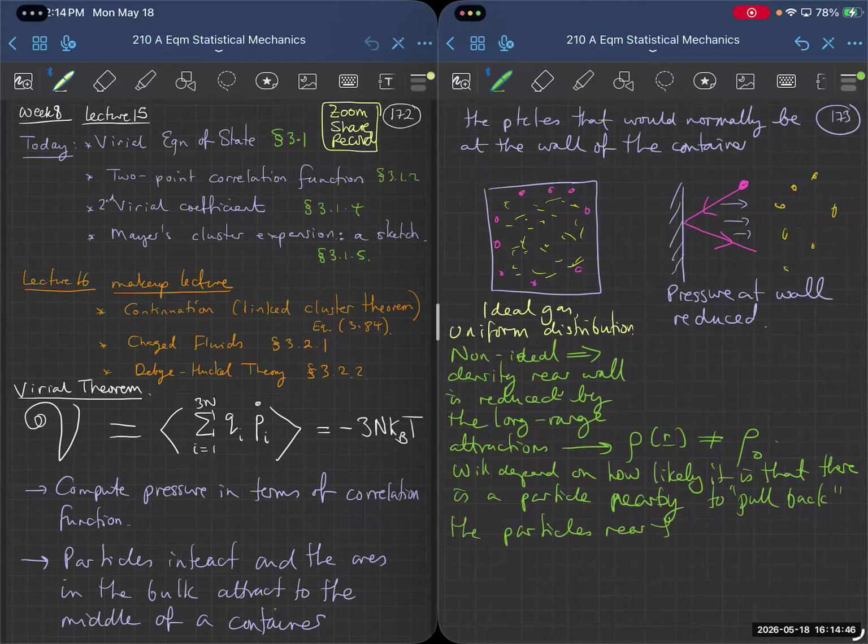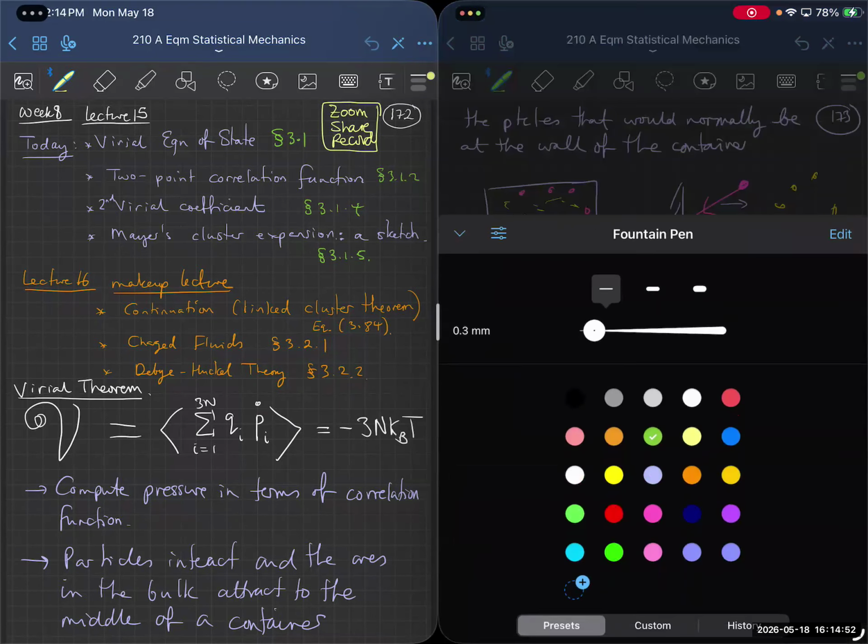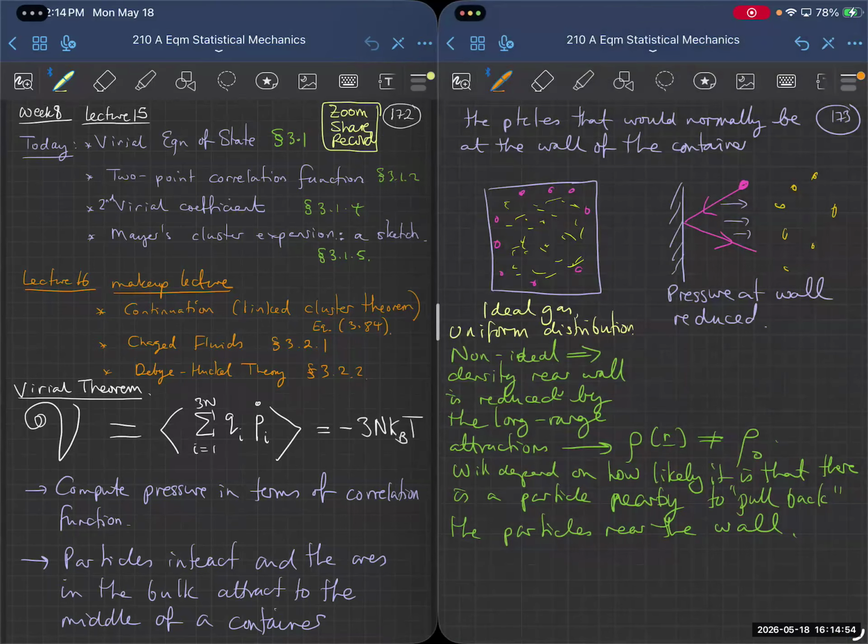So I'm giving you this long-winded verbal explanation because I want you to get some feel for why the pressure is going to depend on the statistical correlations between the particles.